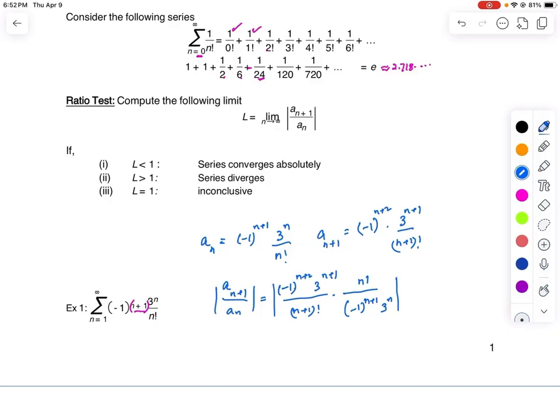Now look at the power of the negative 1: the power at the top is 1 more than this one. It means we are left with one negative 1 at the top.